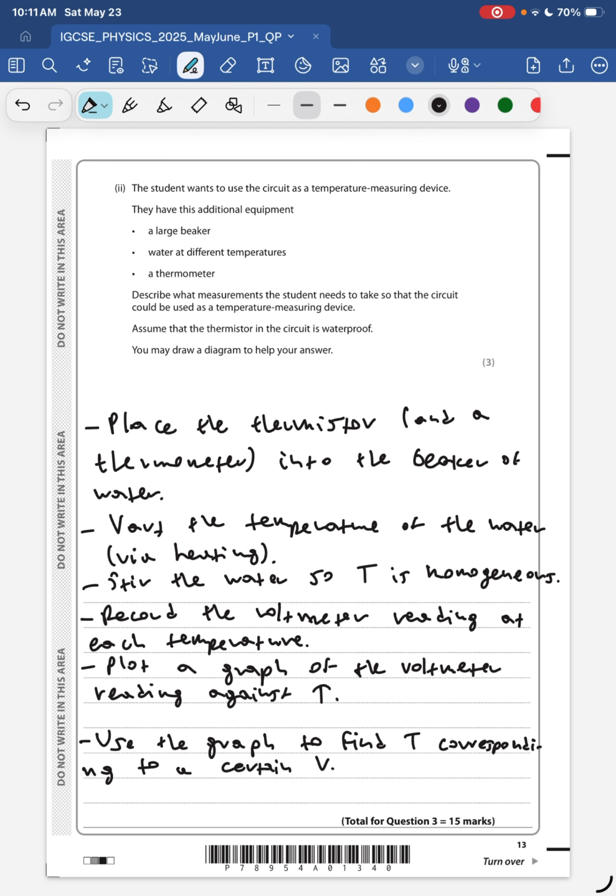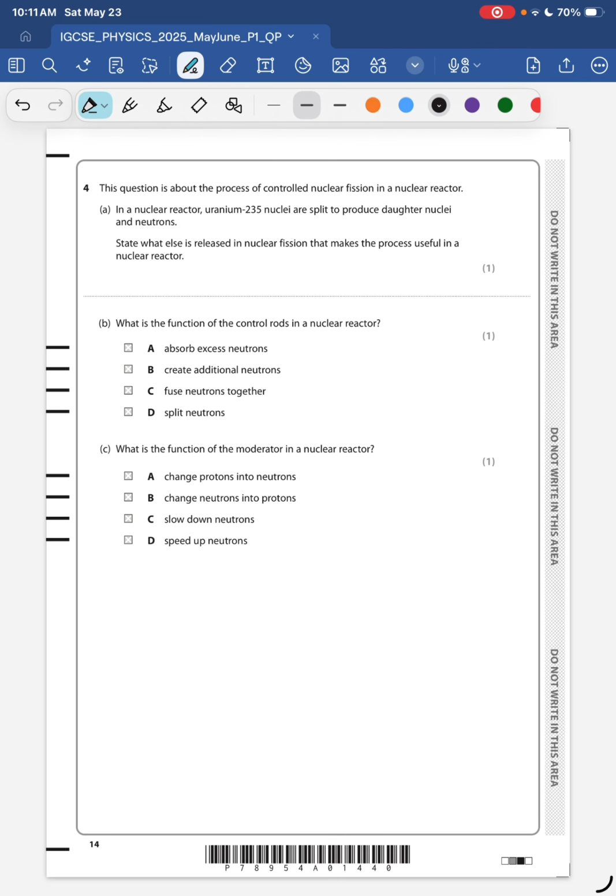Let's move on to question number 4. This question is about the process of controlled nuclear fission in a nuclear reactor. Question A. In a nuclear reactor, uranium-235 nuclei are split to produce daughter nuclei and neutrons.